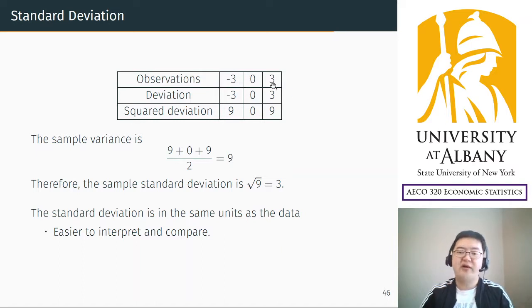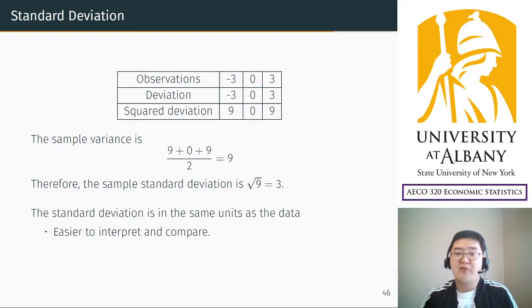Minus 5, 0, 5 will be 5. It also implies that the standard deviation is in the same units as the data. So if you change the unit, then the standard deviation will automatically reflect the units. So it is really easy to interpret and compare.